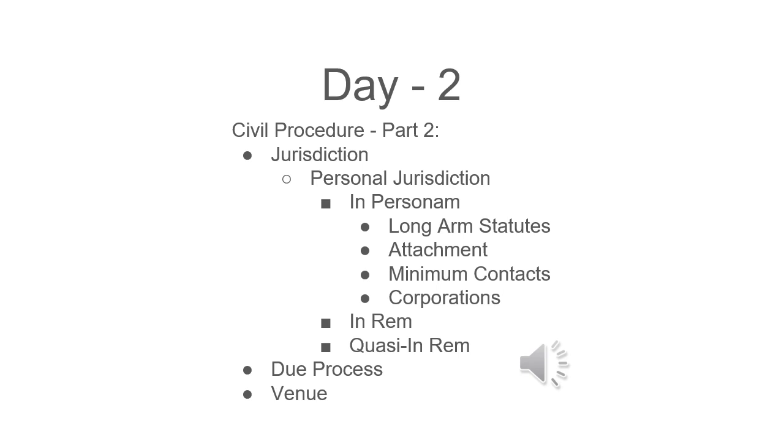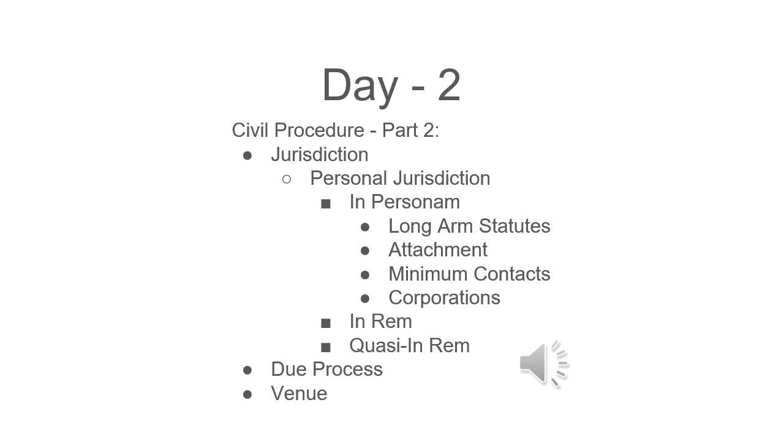Due process requirements, property in the jurisdiction, and minimum contacts therewith. Due process generally requires notice that is reasonably calculated under all circumstances to apprise parties of the action and afford them an opportunity to present objections. That's from Mullane, M-U-L-L-A-N-E.